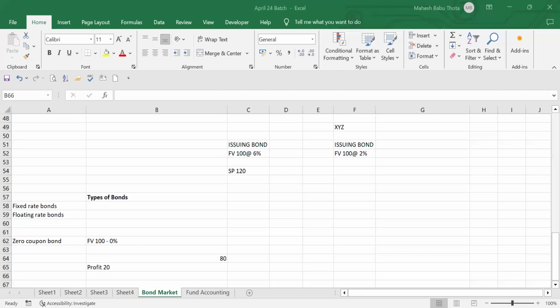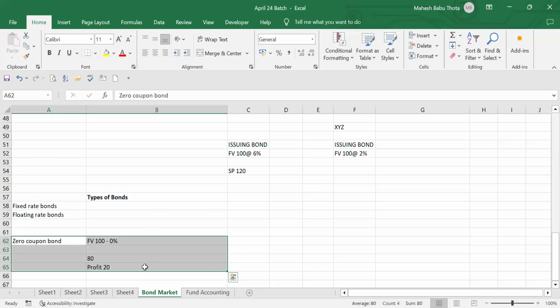We have invested 80 rupees only, the purchase price of the bond. So the difference between the bond purchase price and the face value would be the profit to the investors. This is called zero coupon bonds. Understood? Yes, Mahesh.